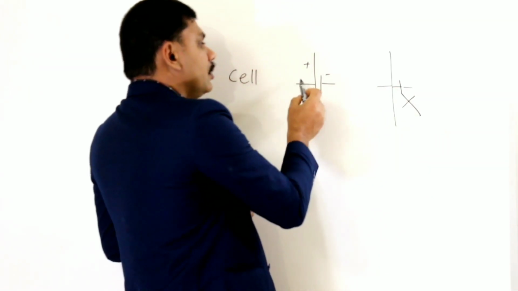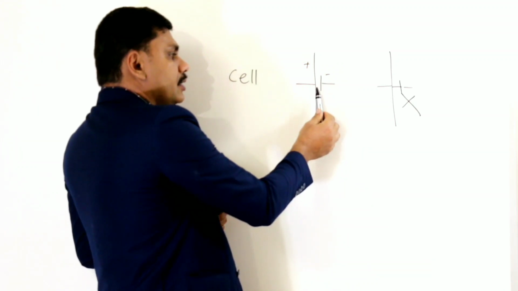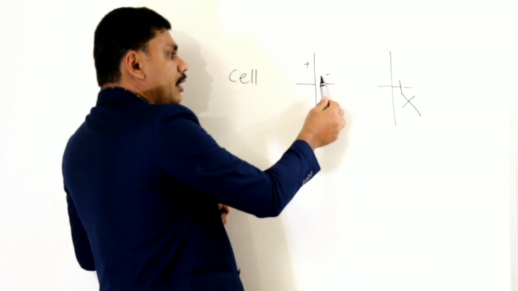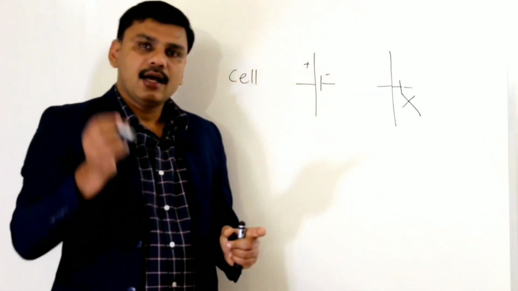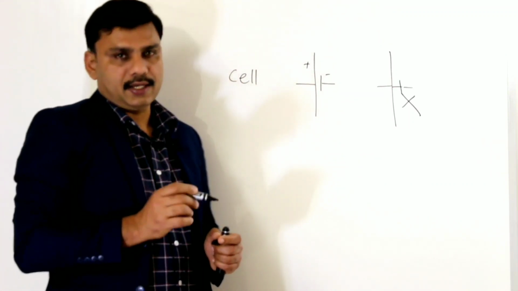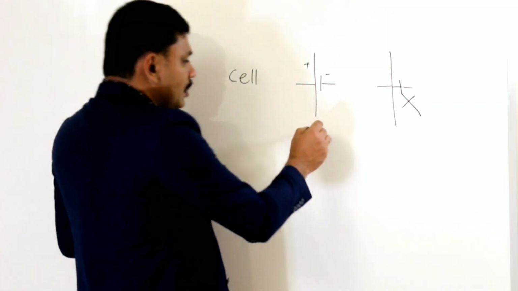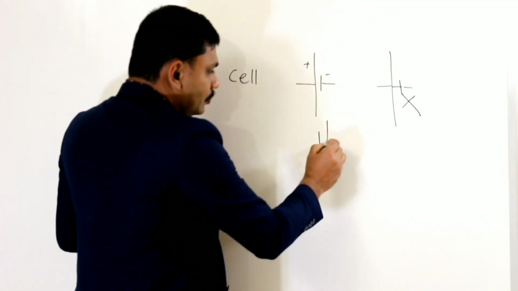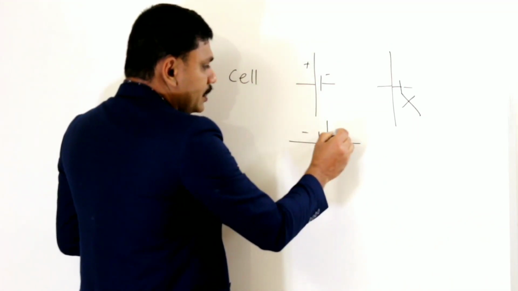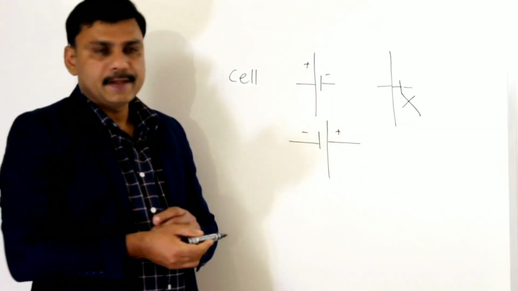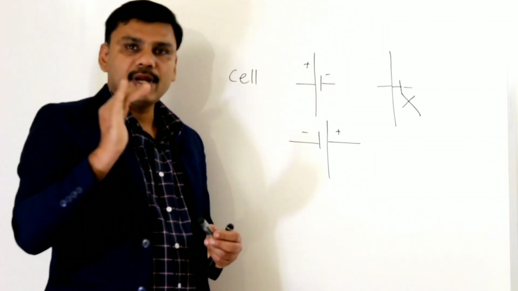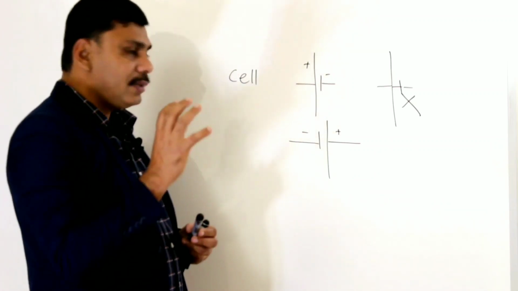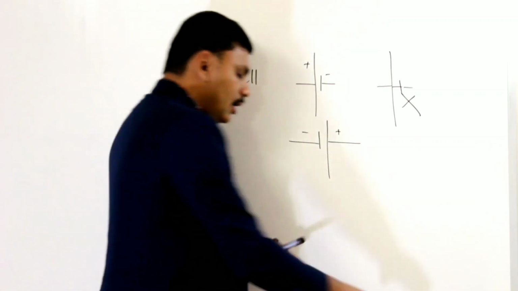Longer line, then a space, and a shorter line. The longer line represents plus and the shorter line represents minus. You can represent it like this also: minus, plus. This represents the symbol of a cell, a single unit only.